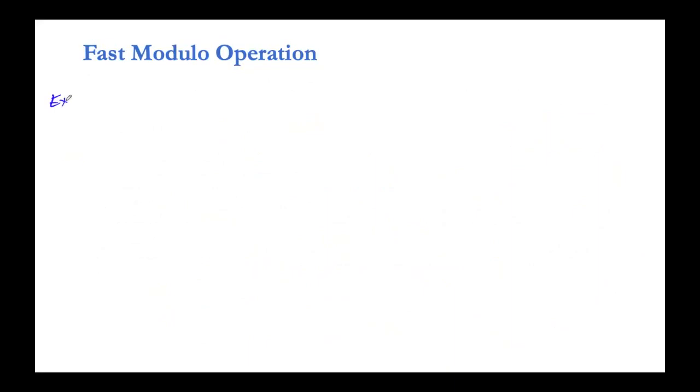Let us consider the example of decimal modulo. If you have 789 modulo 10, it takes the last digit as the result, that is 9.